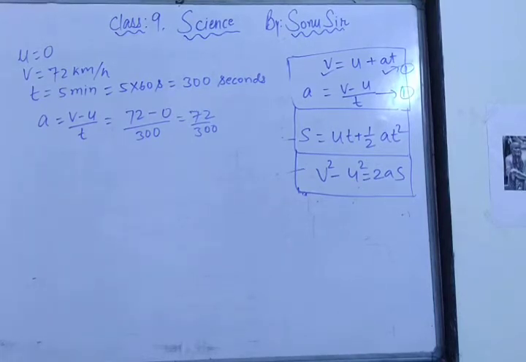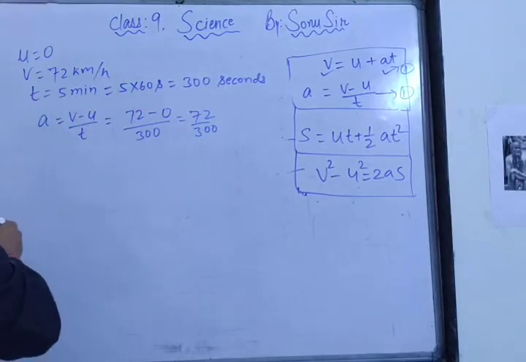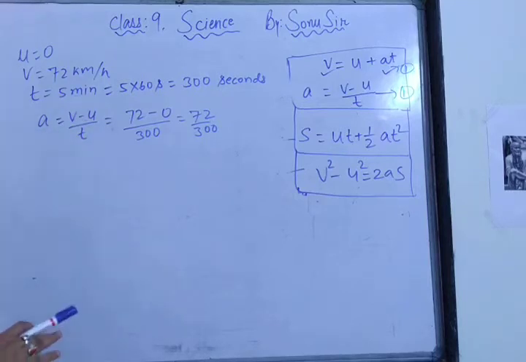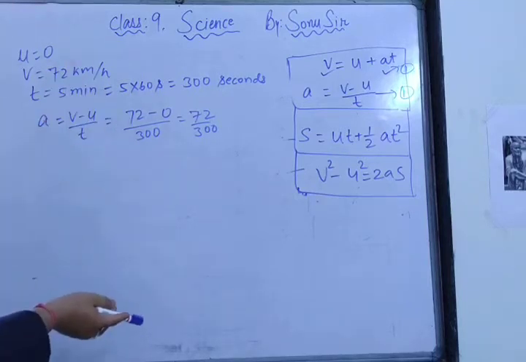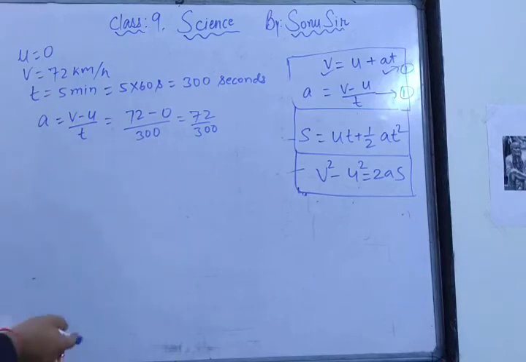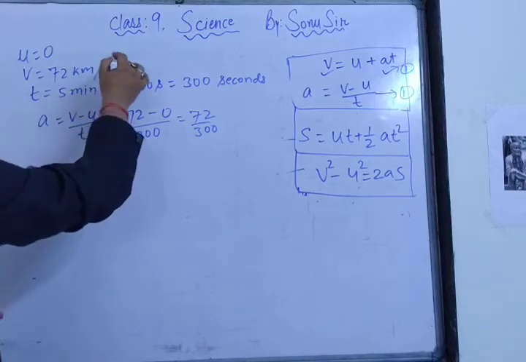If you want to calculate this in kilometer per hour, that also you can calculate. Or can you calculate it into meter per second? If you want kilometer per hour, then change this minute into hour. And if you want to calculate meter per second square, then you have to convert the velocity into meter per second.